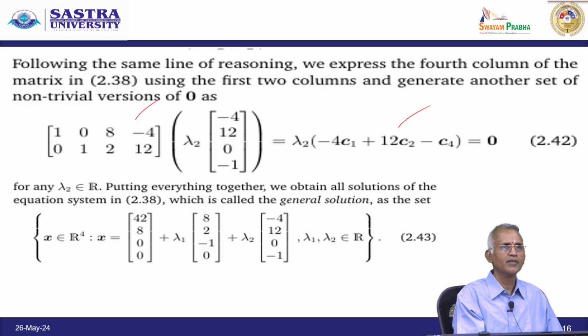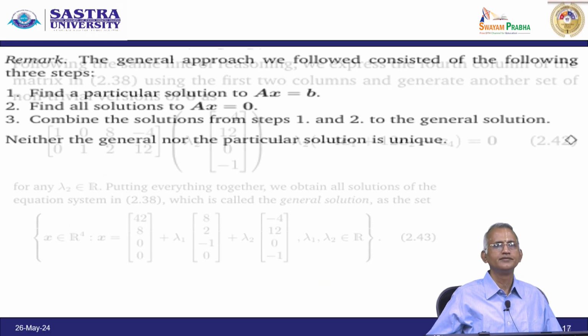So, for any lambda 2 in R, putting everything together, we obtain all solutions of the system, which is called the general solution, as the set X belonging to R^4. Therefore, X can be expressed as (42, 8, 0, 0) plus lambda 1 times (8, 2, -1, 0) plus lambda 2 times (-4, 12, 0, -1), where lambda 1, lambda 2 belong to R.